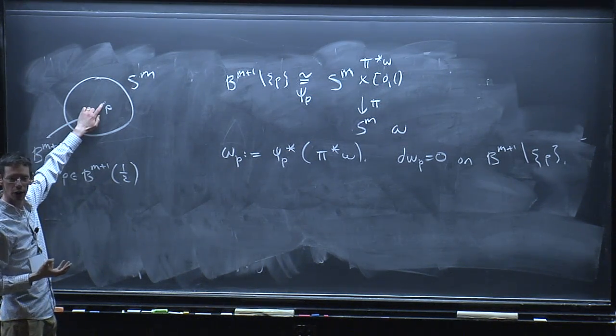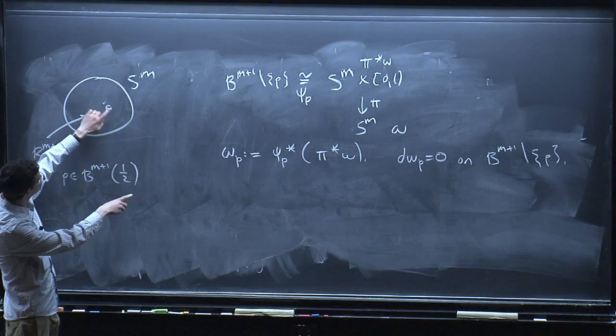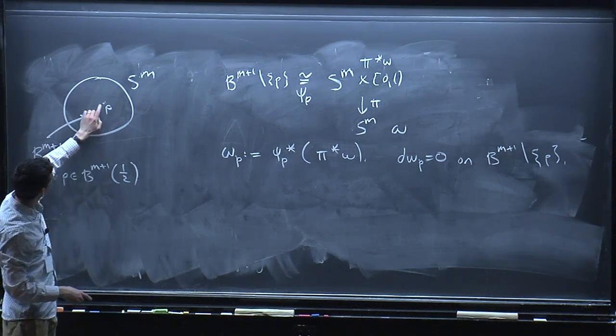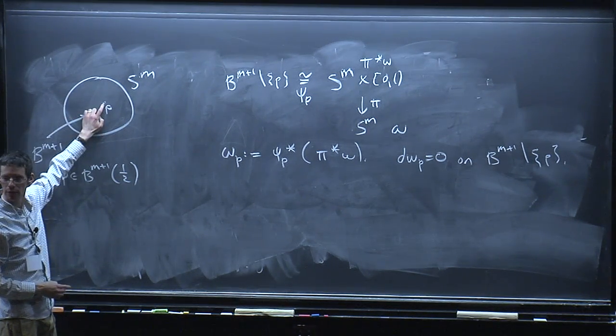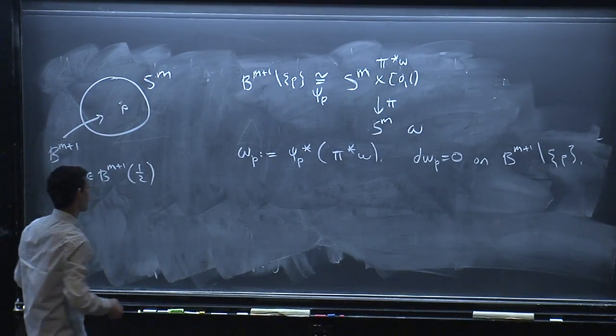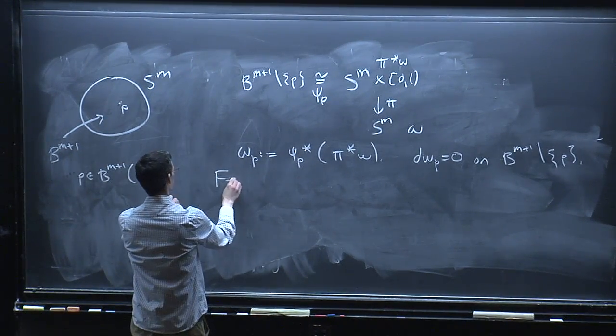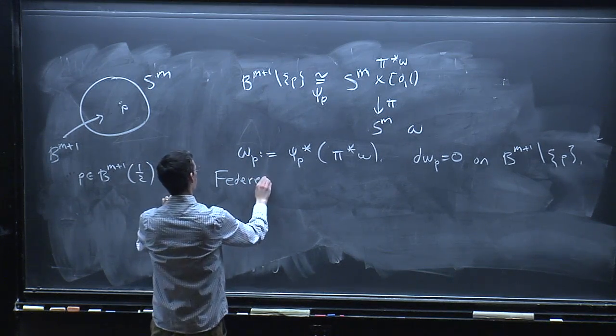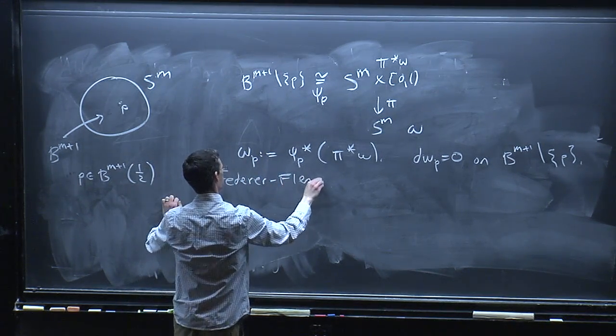And we need to find a closed form. So omega p does agree with omega on the boundary, but it gets very singular near this point, and we need to find a closed form on the whole ball. Right. So one of Fleming's great ideas is that we can improve something like this a lot by averaging.